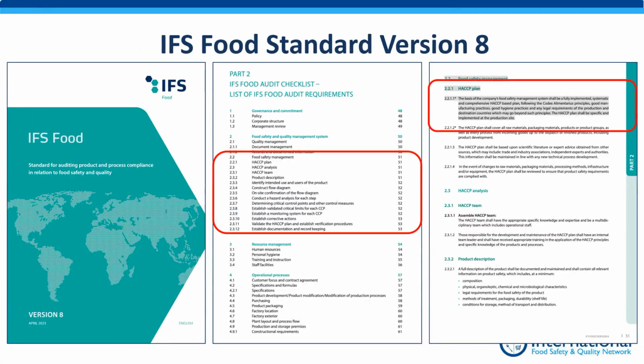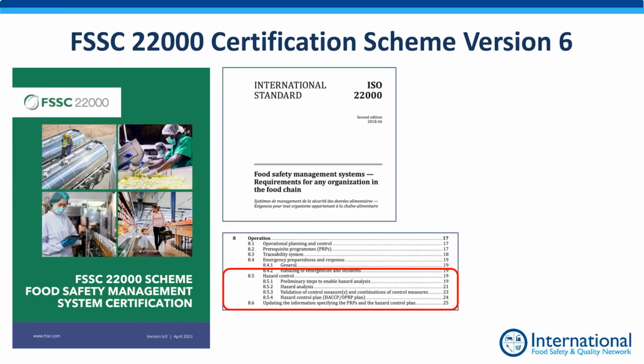Moving on to the IFS Food standard. The basis of the company's food safety management system shall be a fully implemented, systematic and comprehensive HACCP-based plan following the Codex Alimentarius principles, good manufacturing practices, good hygienic practices, and any legal requirements of the production and destination countries. Onto the FSSC 22000 certification scheme, where we've got ISO 22000, food safety management systems, requirements for any organization in the food chain.